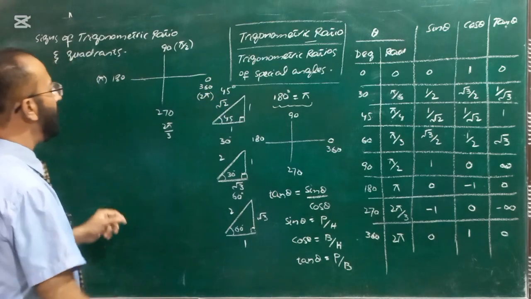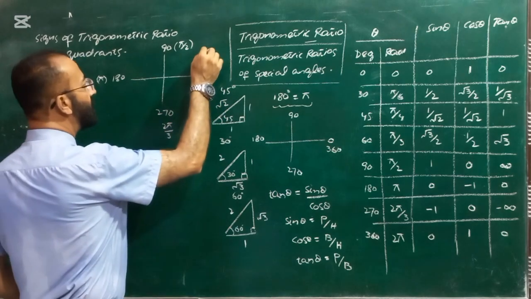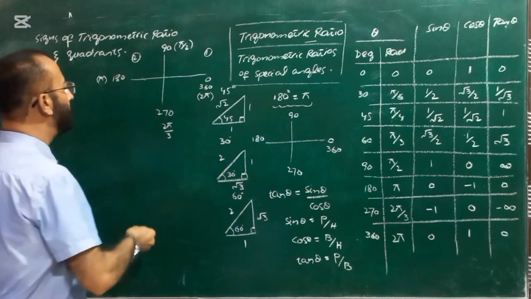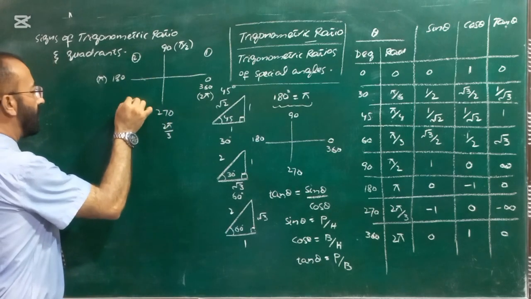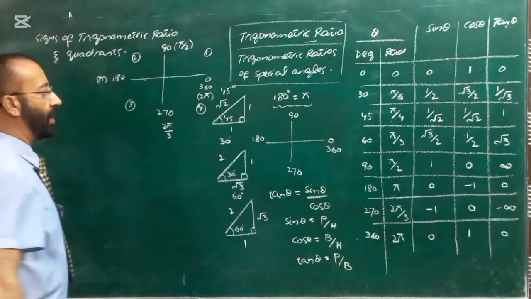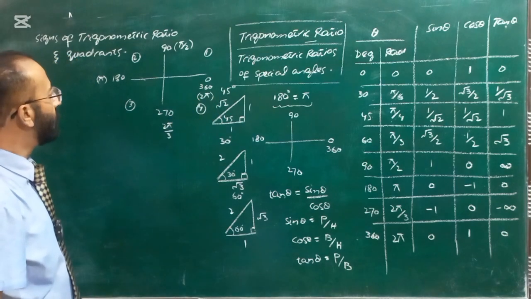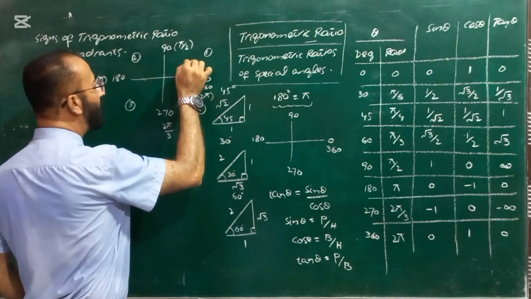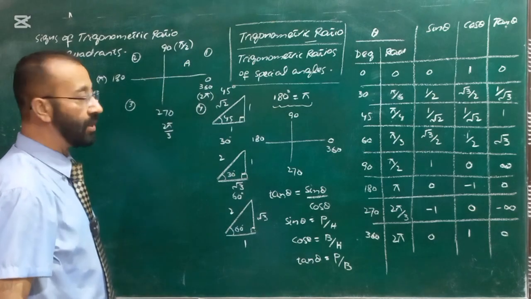So these are actually 4 quadrants. This is first quadrant, this is second, this is third, and this one is fourth quadrant. So remember, in first quadrant, all trigonometrical ratios are positive.